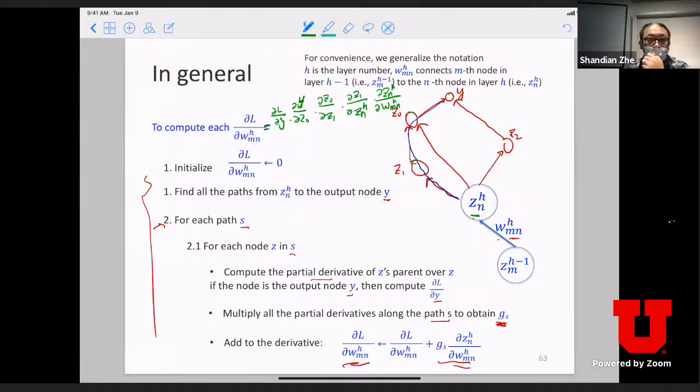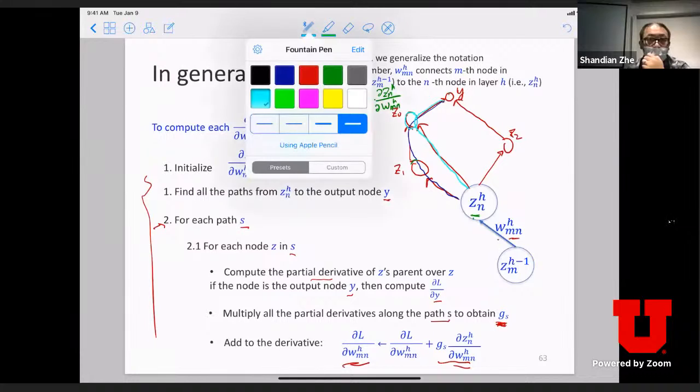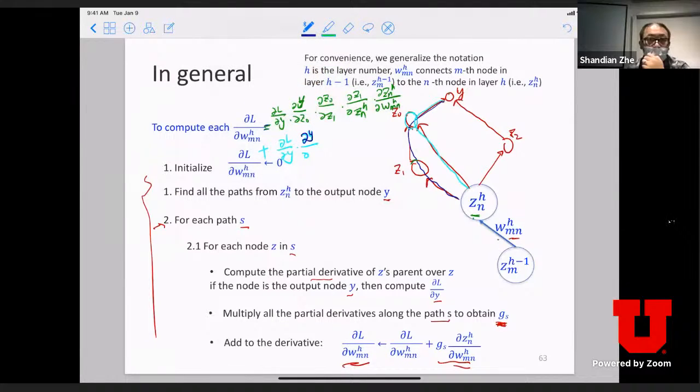So now we need to look at the second path. See this one? The computation will be: I'm going to add up partial L over partial Y, and then we move to Z0 again, so partial Y over partial Z0.